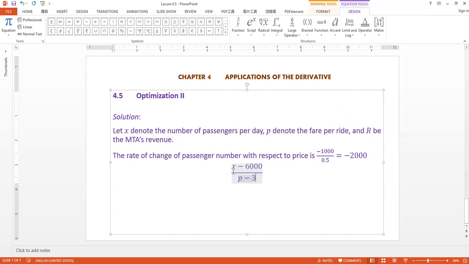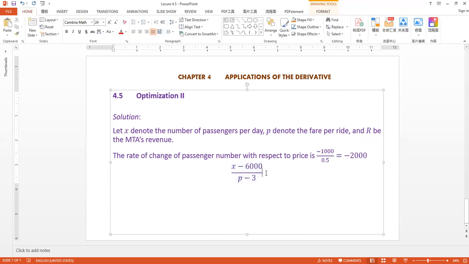So if we change both p and x, then the new value of p and the new value of x, if you subtract the current price and current number, that's the change in the price and in the number. So if you divide them, you get the rate of change of the passenger number with respect to the price, right? And that should be equal to negative 2,000, isn't it?